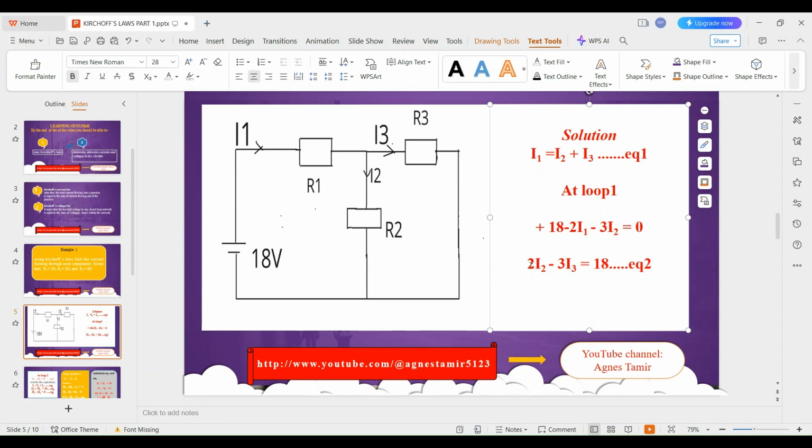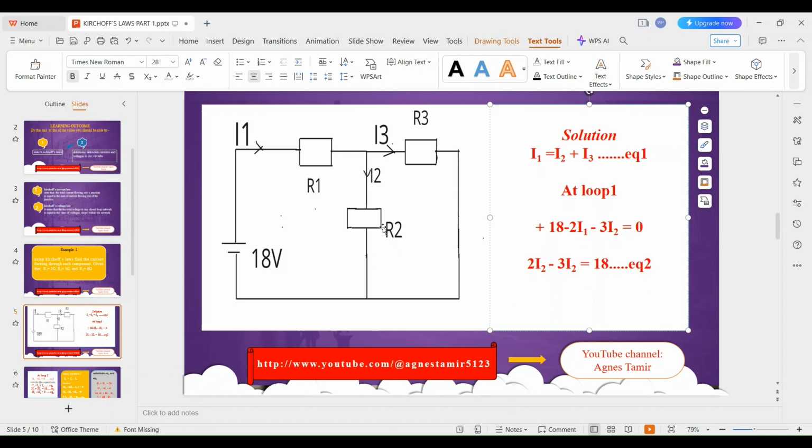Therefore, we shall have 2 I1 plus 3 I2 is equal to 18. This is our equation number 2.